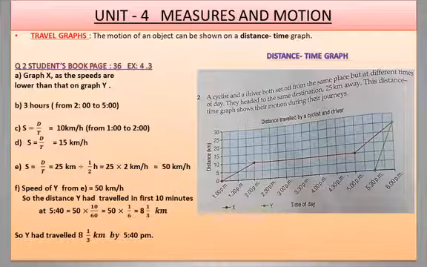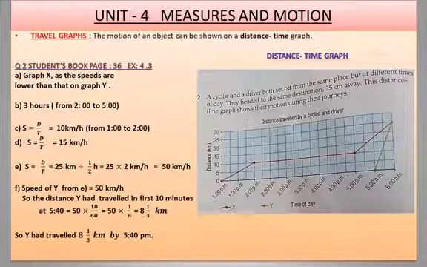Next question: what was the speed of person X in the first hour? The first hour is from 1 o'clock to 2 o'clock. The time on the graph is from 1 o'clock to 6 o'clock and the distance is from 0 to 30 kilometers, which is already shown on the graph.